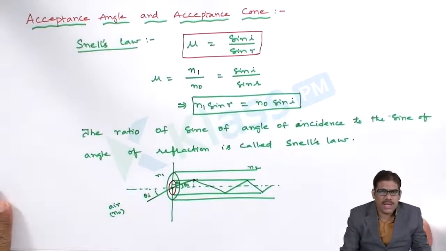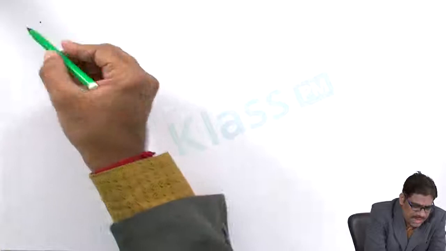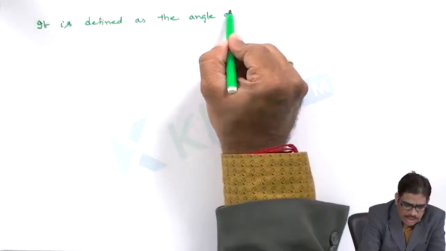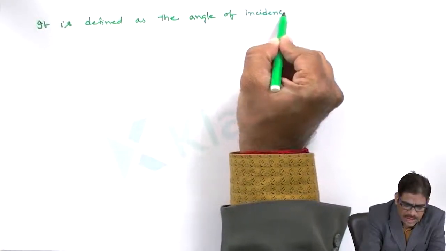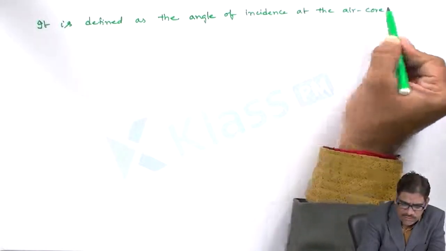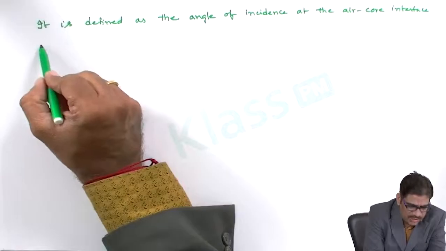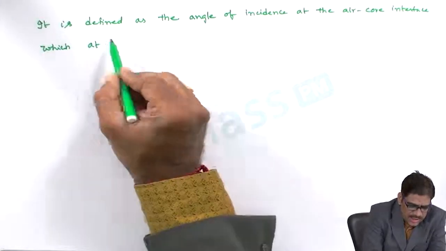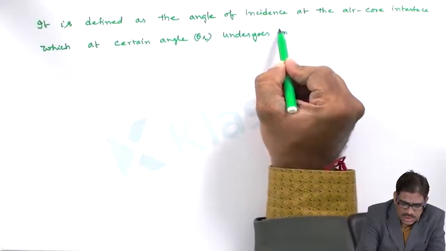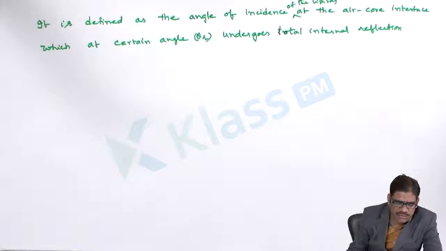So let us now get into the derivation part of this acceptance angle. Regarding the definition, we say that acceptance angle is defined as the angle of incidence at the air core interface, which at a certain angle theta r undergoes total internal reflection at the air core interface.